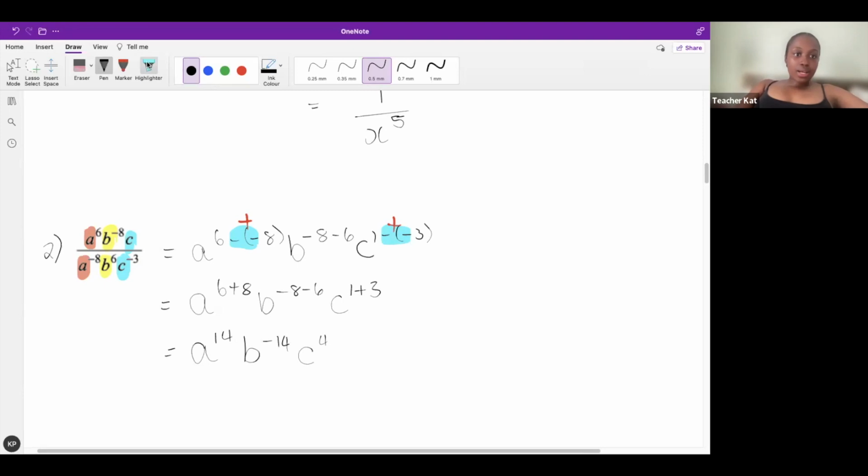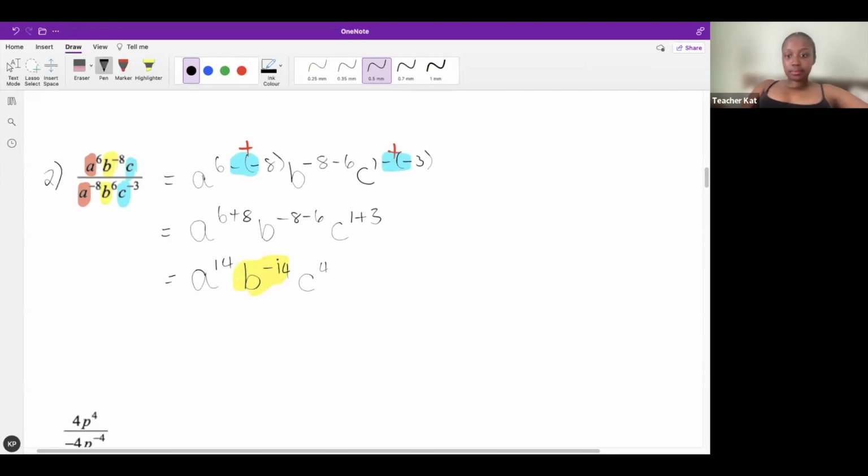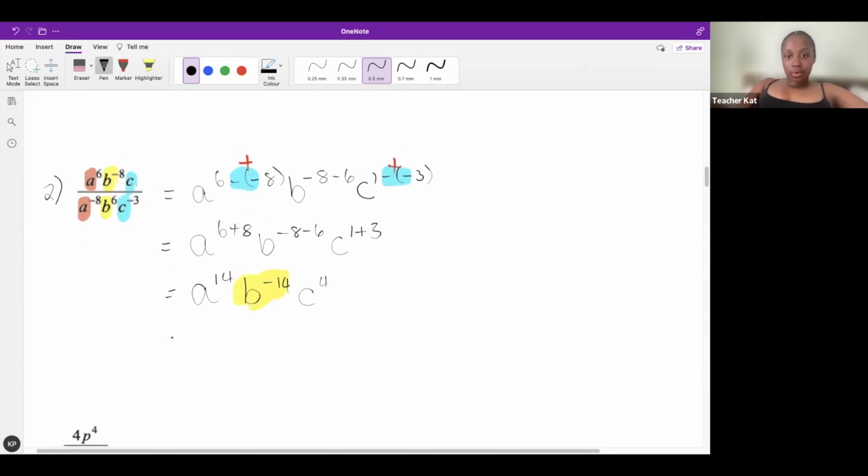Now, we only have one negative exponent here, which is the B. So the B is going to go where? Where's my B going to go? Equals. Okay, my question is, will the A and C move with the B? That's my question.